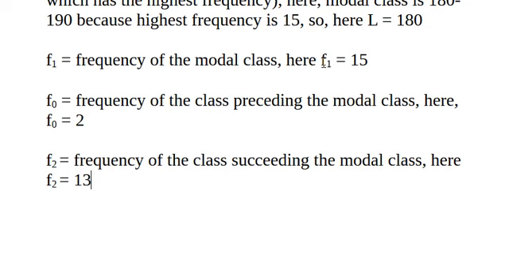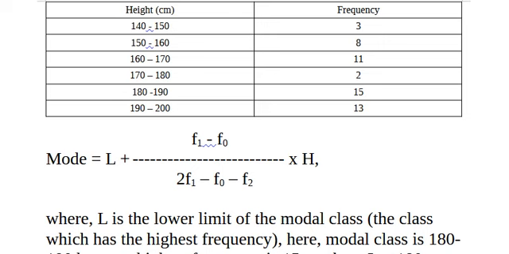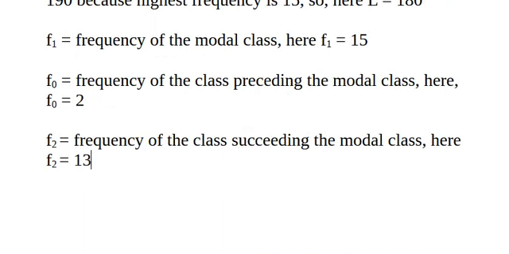So we got all our values, and another value we need to find out is H. What is this H in the formula? H is the size of the class.